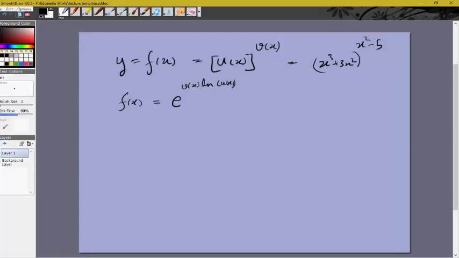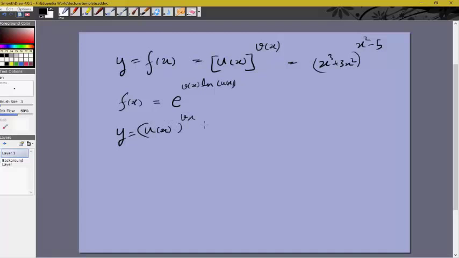Now I'll not go into the details of exponential and logarithmic functions here because we've already seen them in the 11th class, but we know that e to the power v of x ln u of x will actually be e to the power of ln u of x to the power v of x, which will be u of x to the power of v of x, right? Or we can just directly differentiate both sides here. y is equal to u of x to the power of v of x.